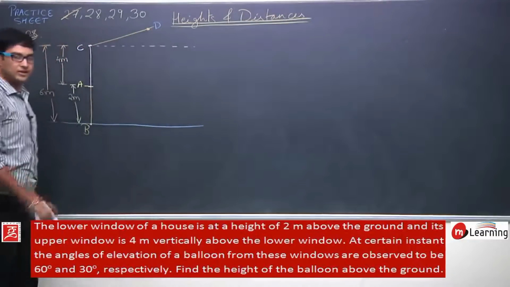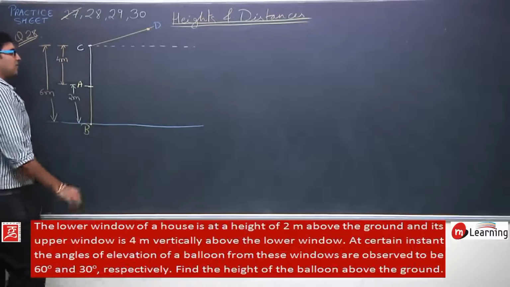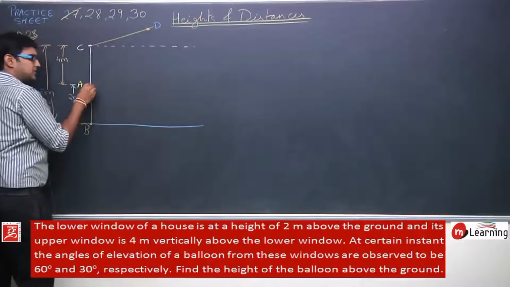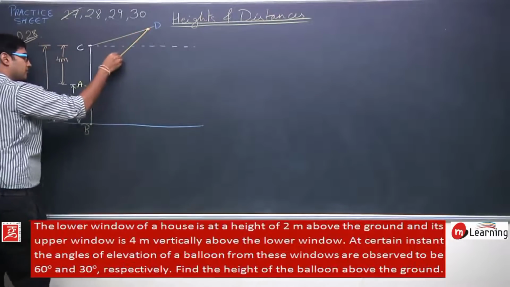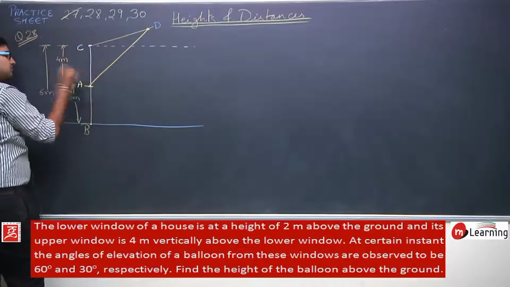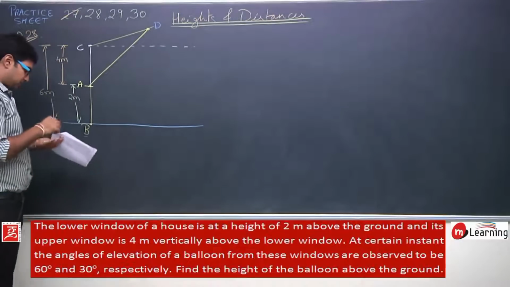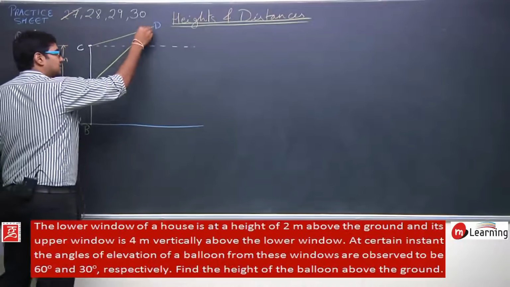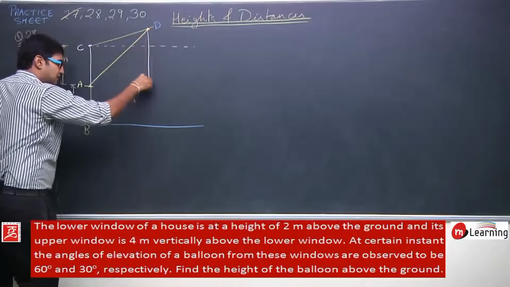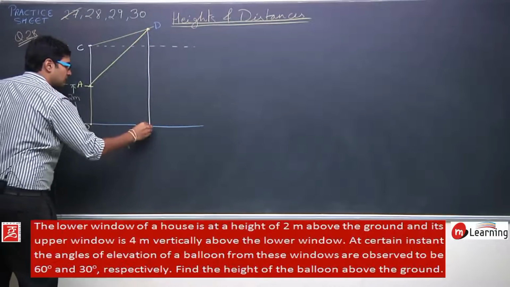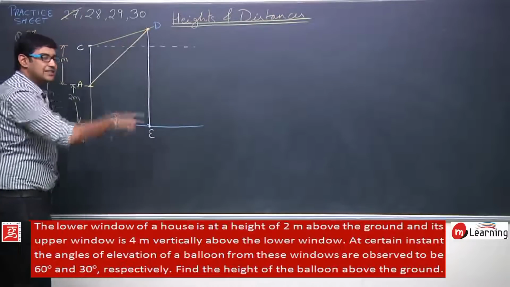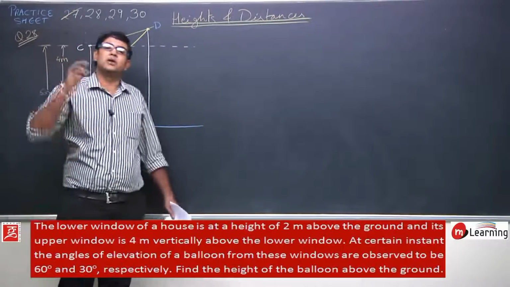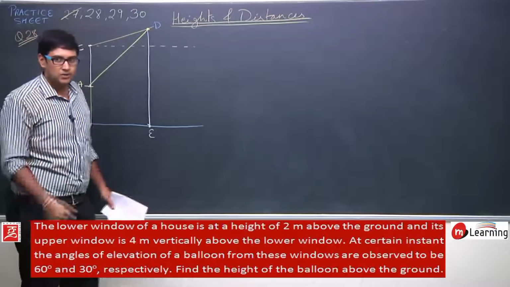And if I am observing this balloon from this lower window, my line of sight will be this one. And this D, when projected to the ground, let us say is point E, where DE represents the height of the balloon, the altitude of the balloon.